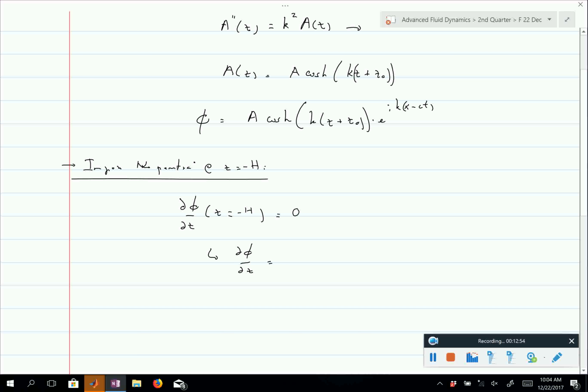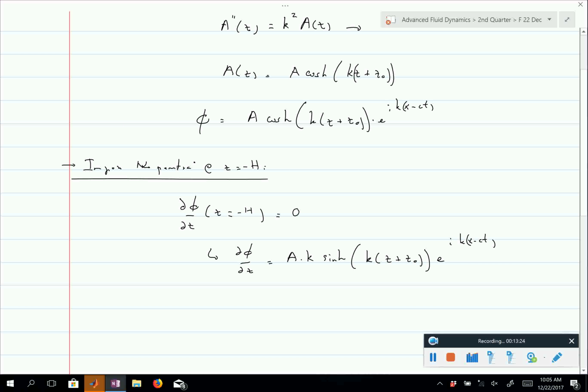The exponential is not affected, so partial phi over partial z is going to be equal to A times k times the hyperbolic sine of k(z plus z naught) times exponential i k(x minus ct). That has to be equal to 0 at z equals minus h.